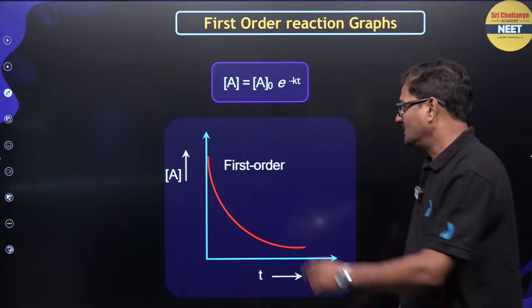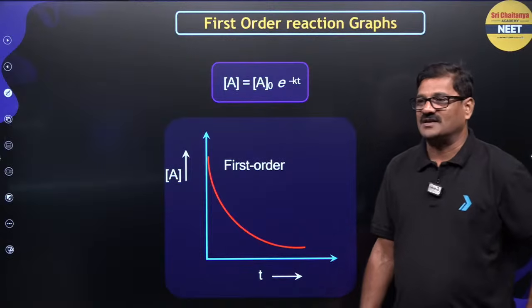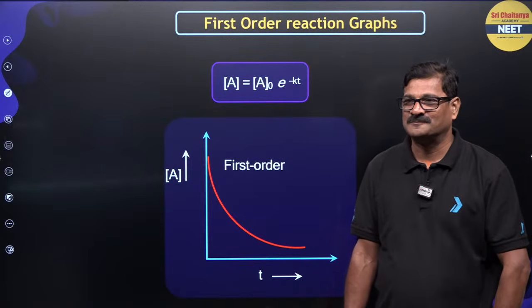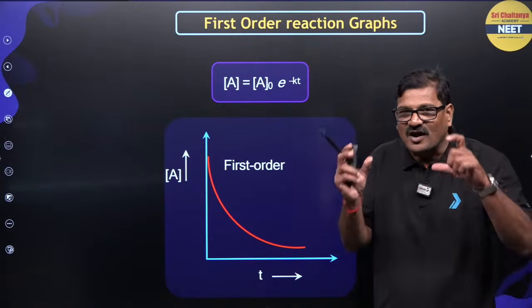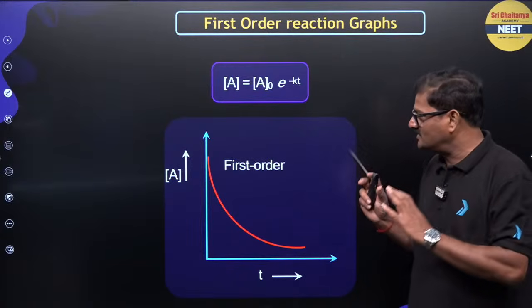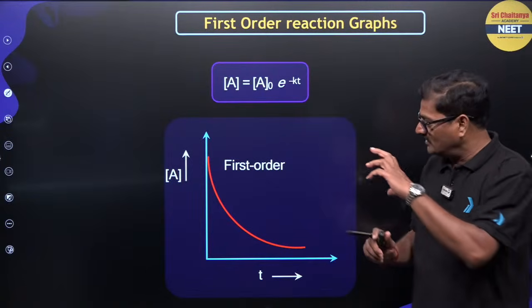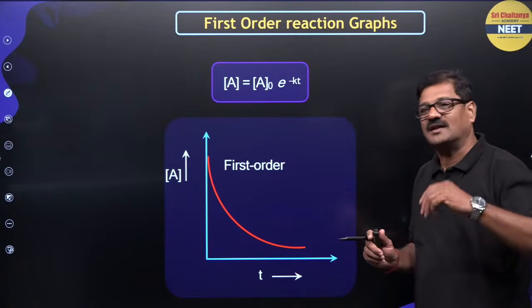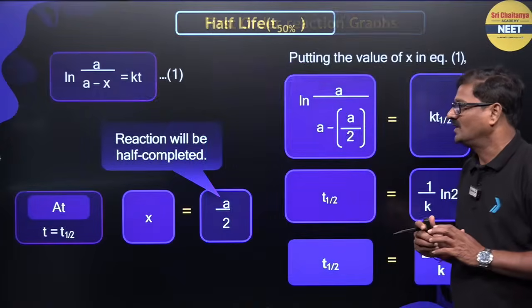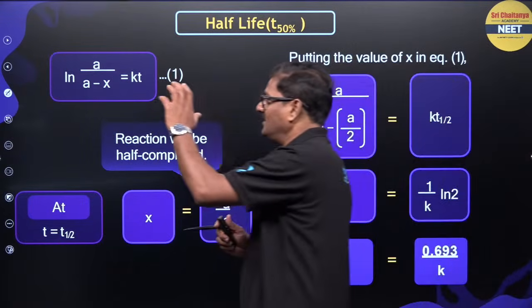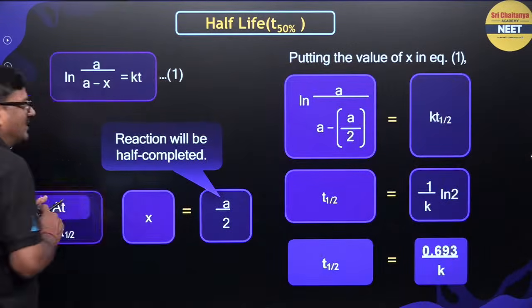Understand, bacho? Clear? Just the graph will be given and you will be writing various questions based on this. If you can recognize the pattern of the graph, you can tell the order of a reaction.